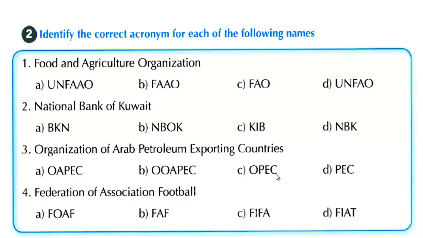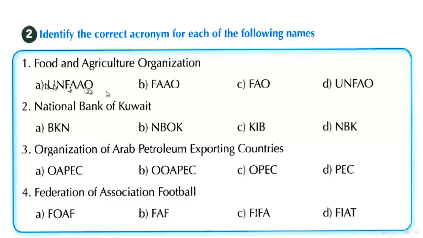Identify the correct acronym for each of the following names. So here acronym, as we say, the short form for the sentence or the names. Number 1, Food and Agriculture Organization.